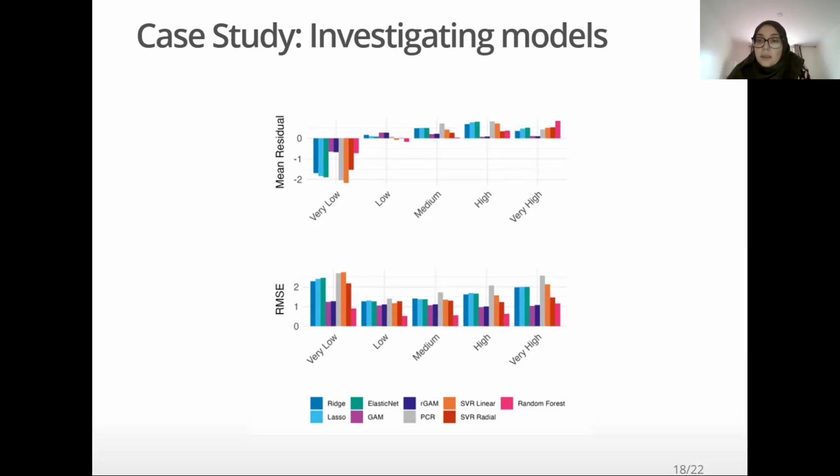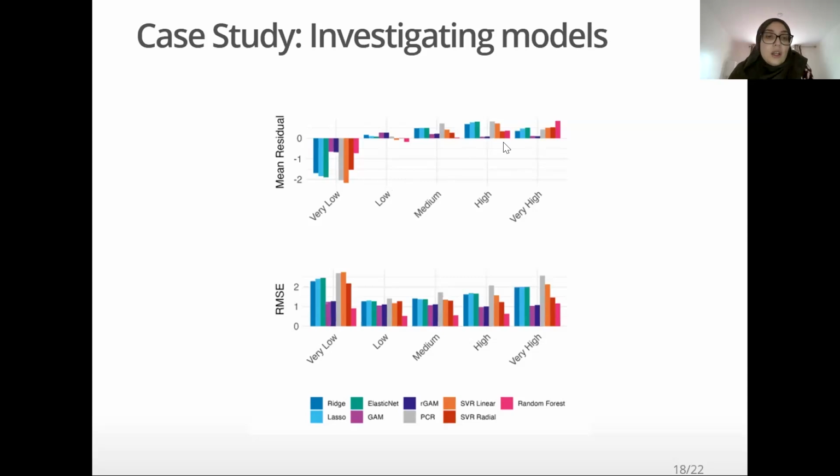So the results show that the model tends to overestimate engagement for students in the lower quintiles and underestimate for those in the upper quintiles. So this is a phenomenon known as regression to the mean. And it poses some challenges in accurately identifying the students at risk if we're using this metric, of course.